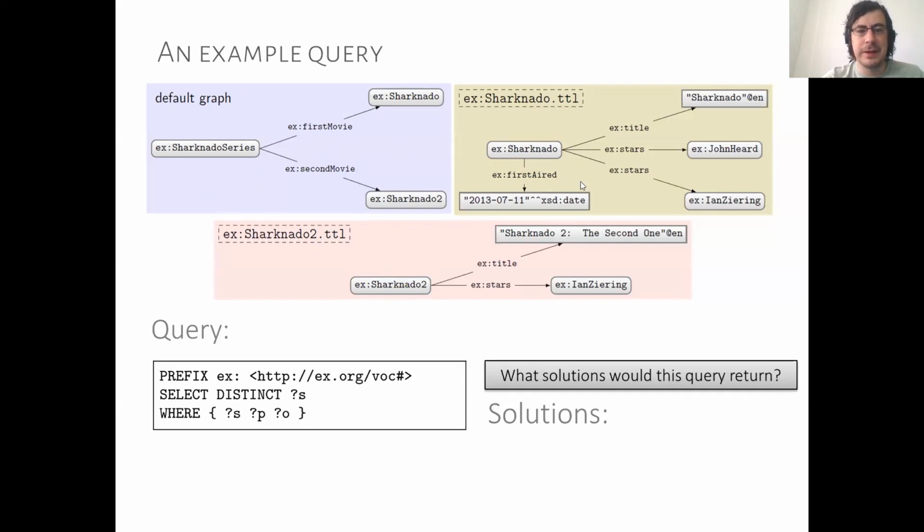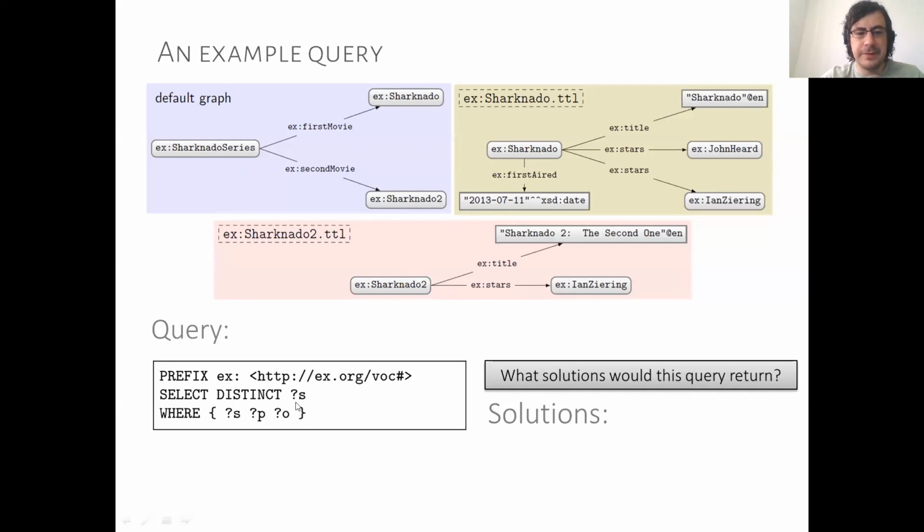Okay, so again, a named graph is a pair of a name and an RDF graph like this. We can have as many named graphs as we want, but we can only have one default graph. So here's our query asking for all of the distinct subjects, and this is the data set that we have indexed in our SPARQL engine. The question is, what solutions would this query return? And the answer is that we would expect all of the distinct subjects in the default graph.